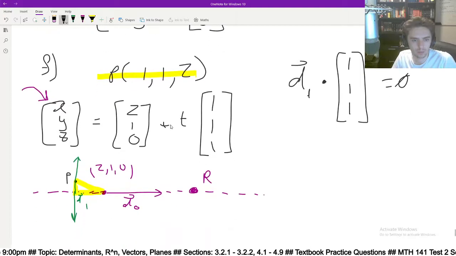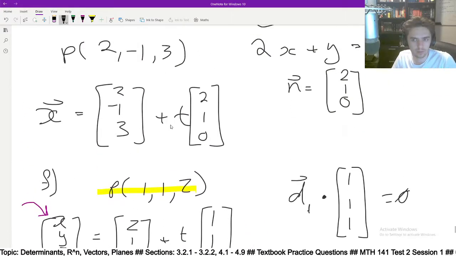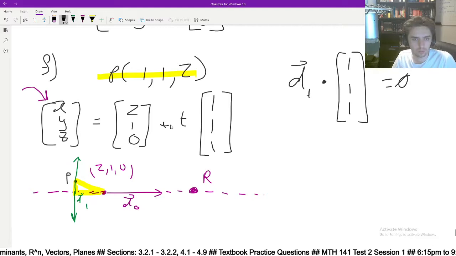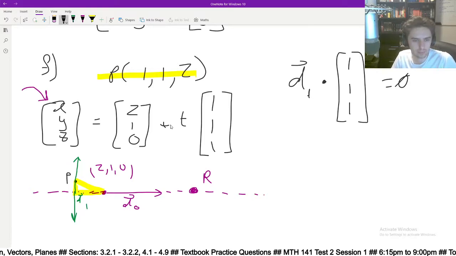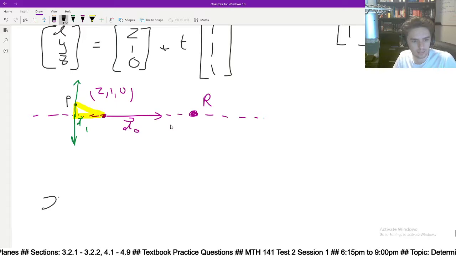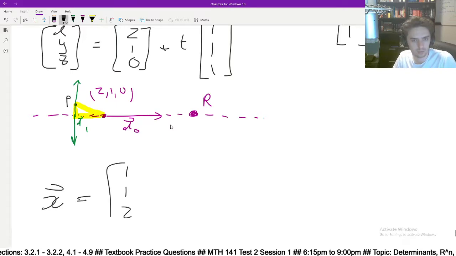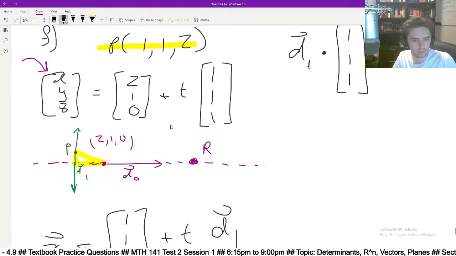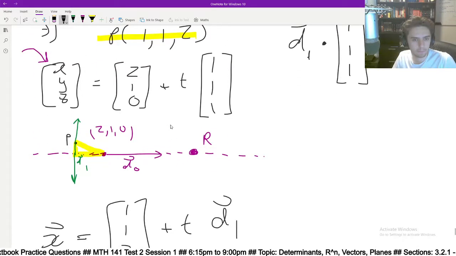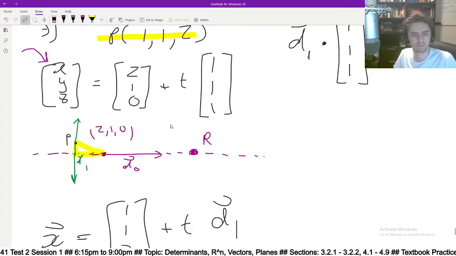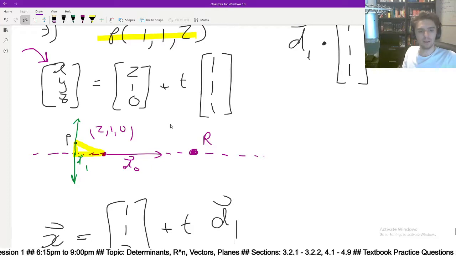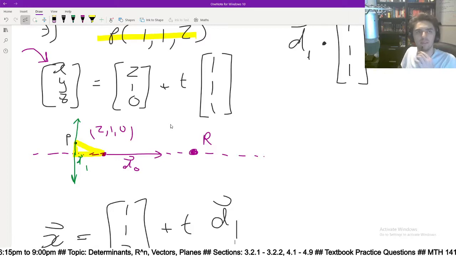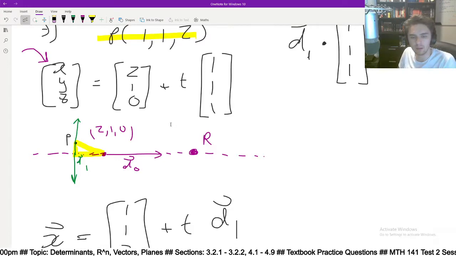Wait, where's 1, 1, 2? Oh, sorry. Point P. 1, 1, 2 plus t times the direction vector. Yeah, that's what our line's going to look like. x is 1, 1, 2 plus t times some direction, d1. That wouldn't necessarily go through the point P though, right?